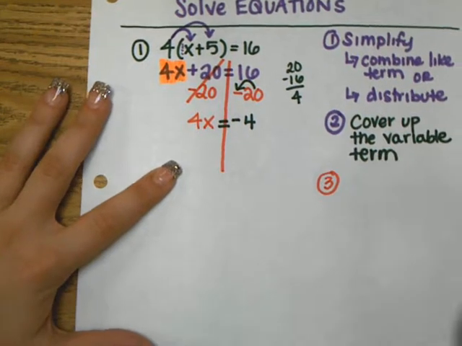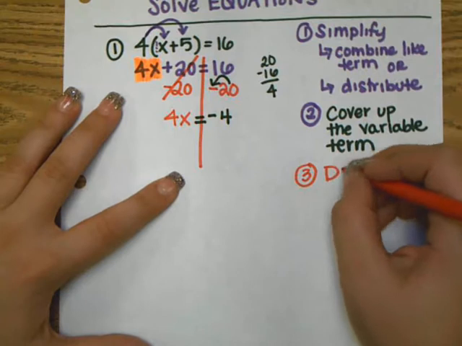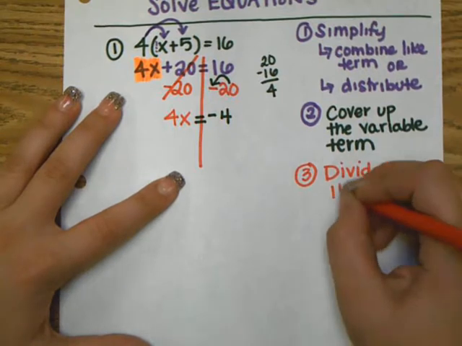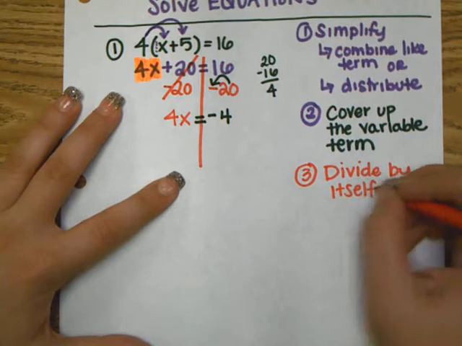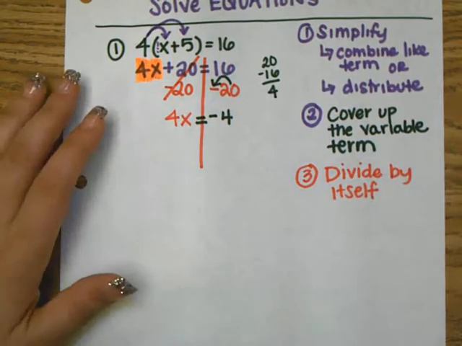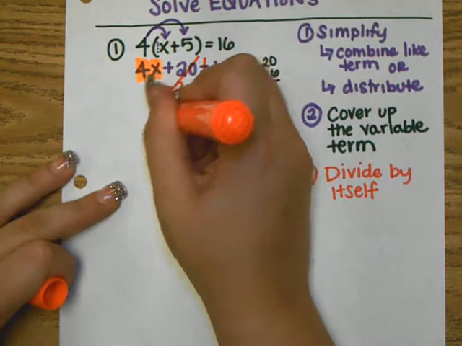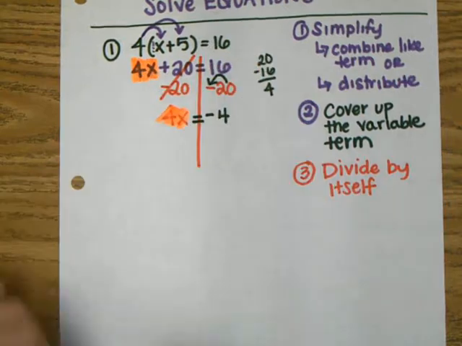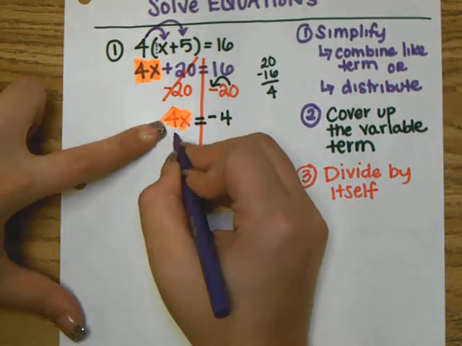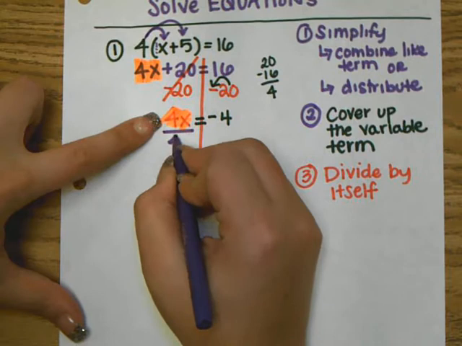Then we're on to our last step. Step 3 is you are going to divide by itself. So the third step is when this is all by itself, that's how we know we're on our last step. And we are going to divide both sides by itself.